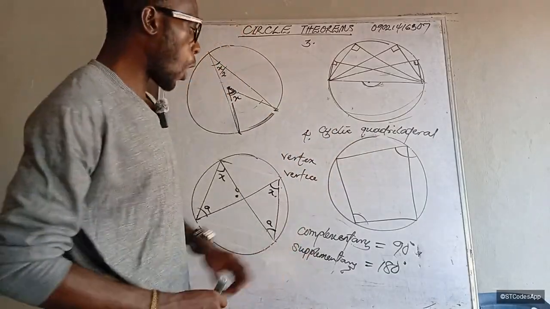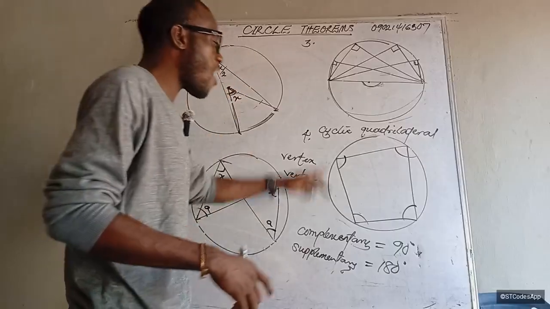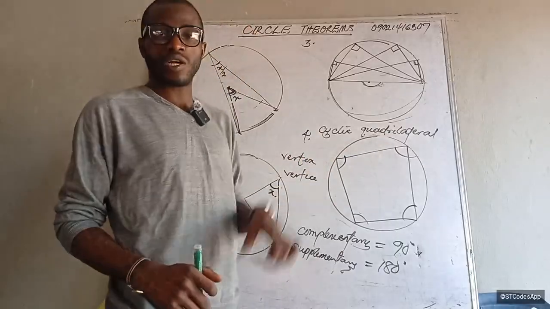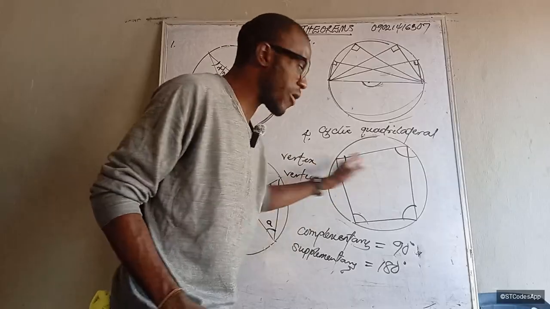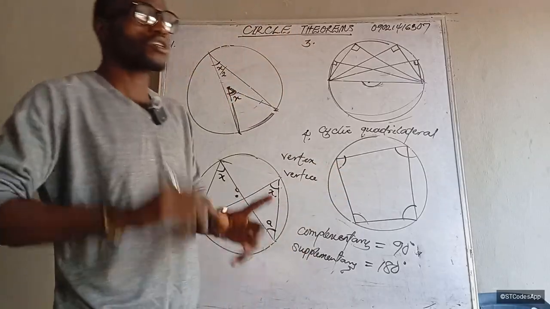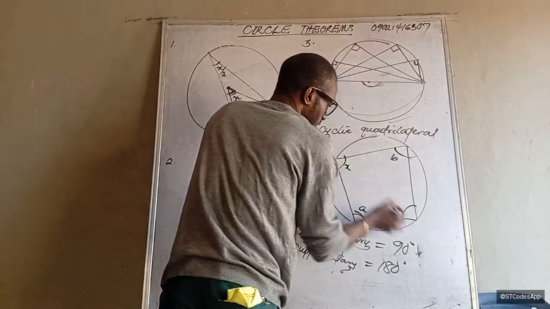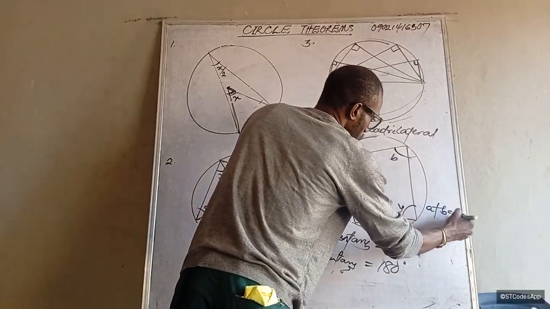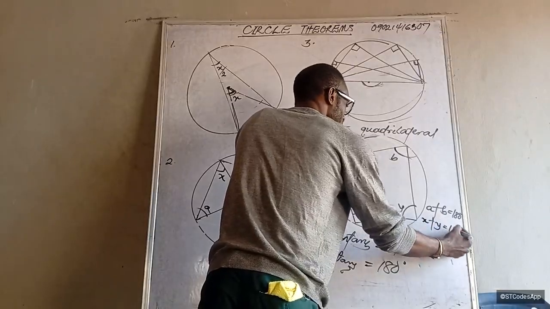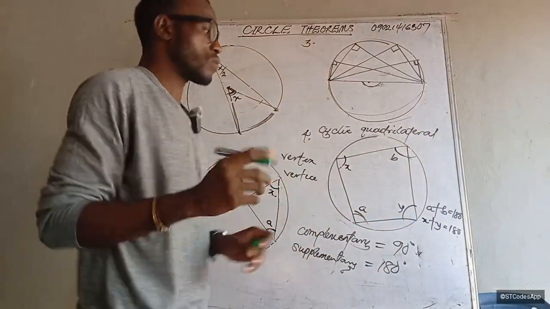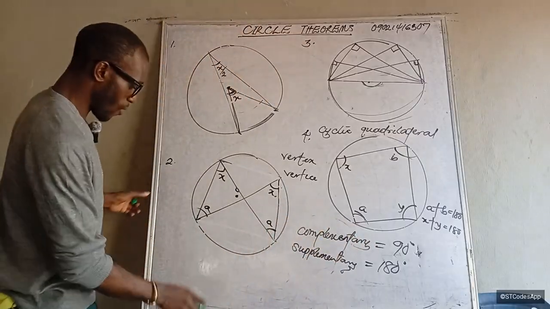So what this means is this: opposite interior angles of a cyclic quadrilateral are supplementary. So this place and this place, if I say this is A, this is B, this is X and this is Y, A plus B will be what? 180 degrees. Is that clear? As well as X plus Y will be what? 180 degrees. Is it making sense? So that's what the rule says: opposite interior angles of a cyclic quadrilateral are supplementary.